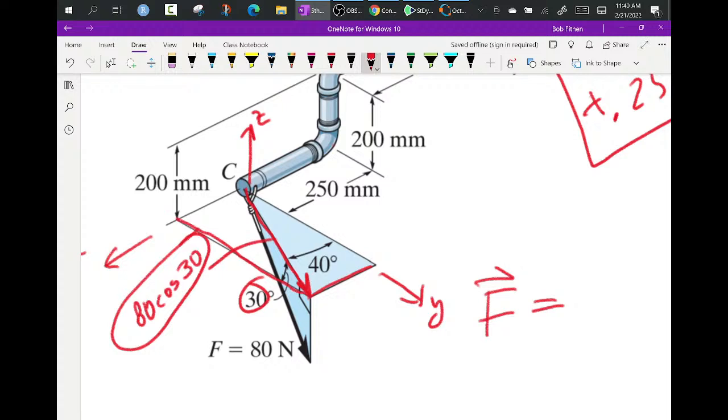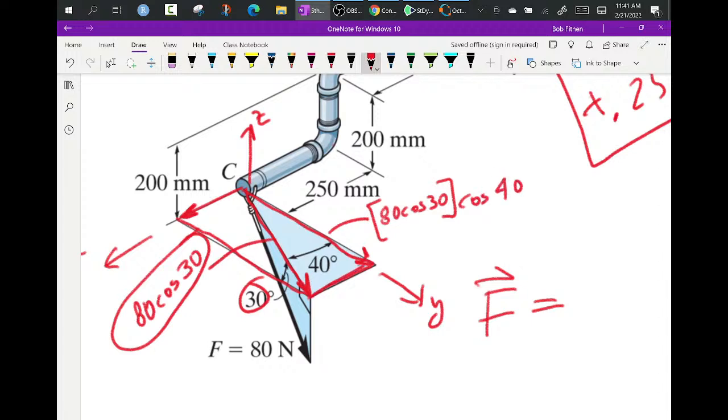So in fact, this vector can be broken into two vectors here and here. So this one is going to be that length, or the 80 cosine 30, which is the length of that vector, and that's going to be times cosine of 40.